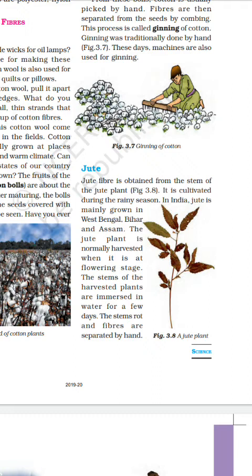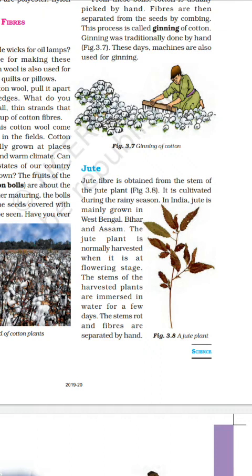now we will read about jute. Jute is obtained from the stem of the jute plant. It is cultivated in the rainy season. In India it is mainly grown in West Bengal, Bihar, and Assam. The jute plant is normally harvested when it is in the flowering stage.